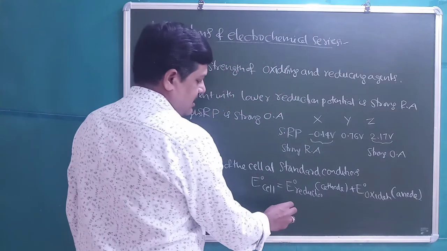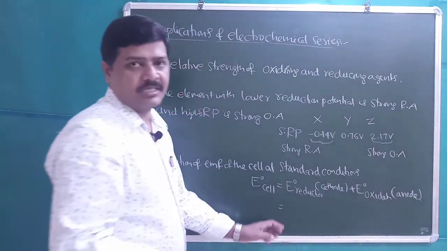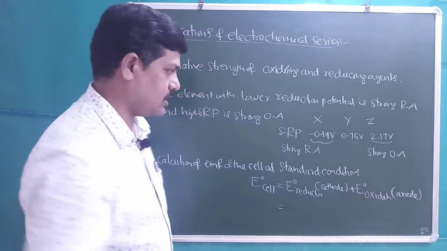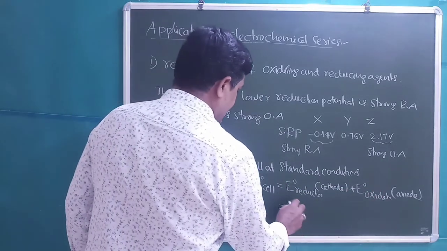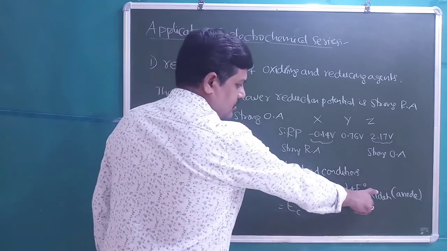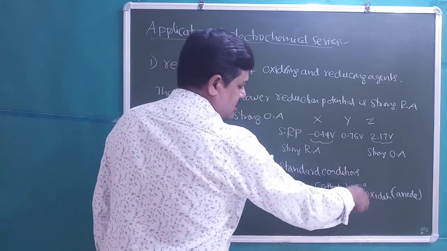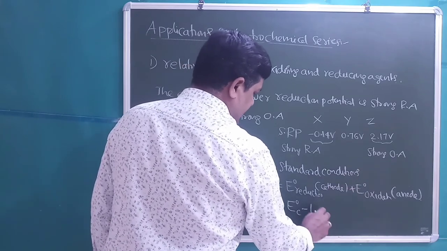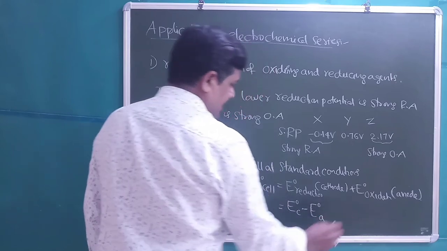But generally all the electrode potentials we indicate as reduction potentials only. So we write E naught cathode, which is a reduction potential. To convert the oxidation potential of anode, we should change the sign. So minus E naught anode we can write.